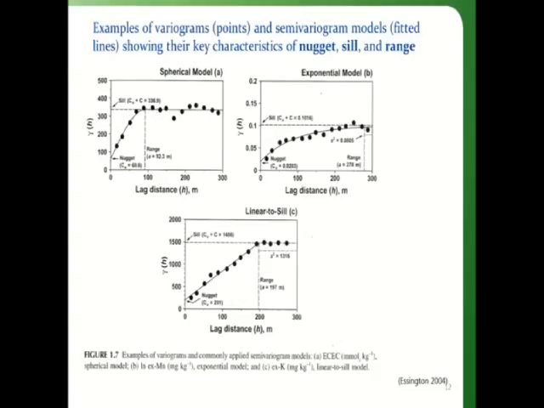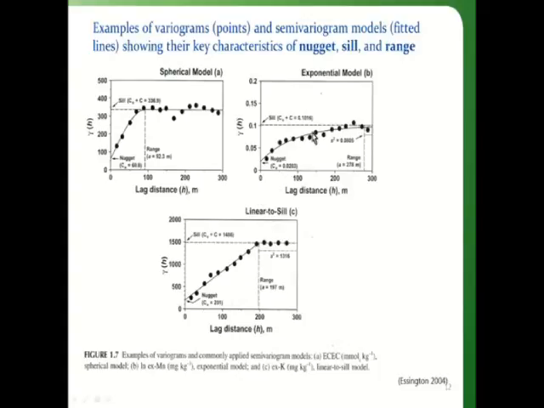Now that will be different for different situations, and this is a model where the semivariance at relatively short distances reaches an actual steady value, and we can fit something called a spherical model to that, and all these are available now.